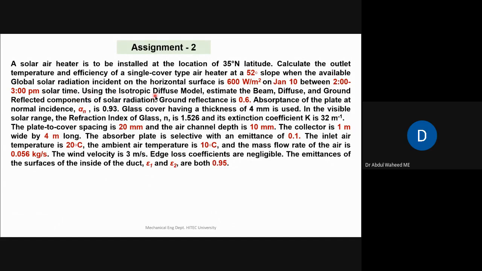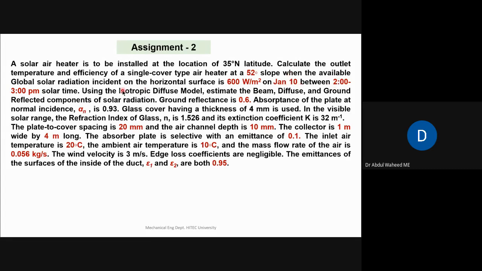Isotropic diffuse model use करना है। ये जो given data है, इसकी help से of course you can find out the incident angle of radiation for that latitude. Sorry, latitude here 32 degree, and for that beta, and for that declination, and for that omega.